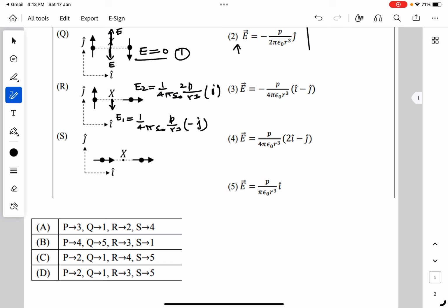So the total electric field at point X will be equal to E1 plus E2, and this will be equal to p upon 4 pi epsilon naught r cube (2i minus j), and this answer corresponds to number 4 in the list 2.